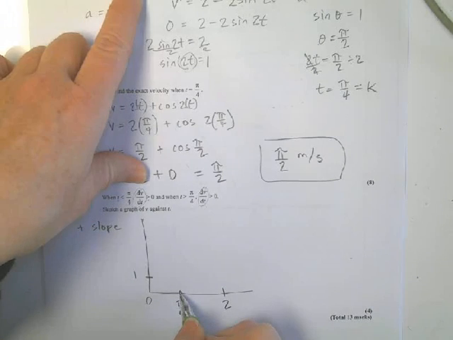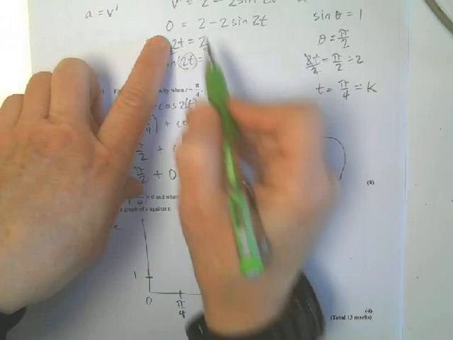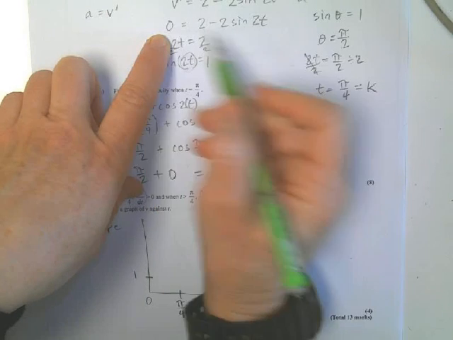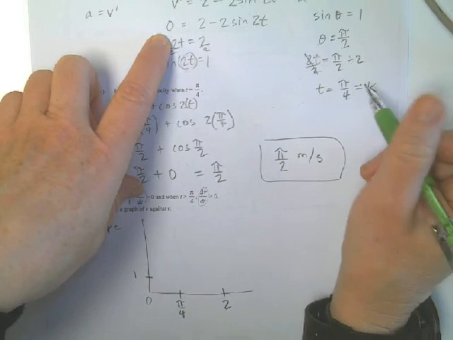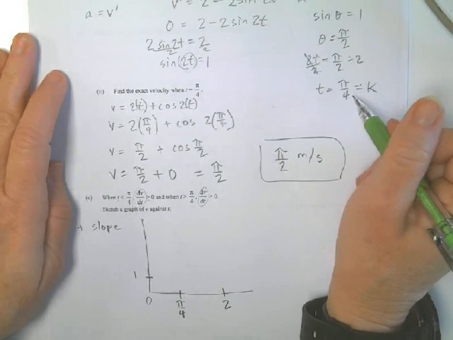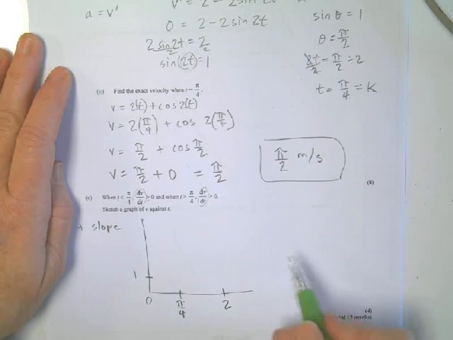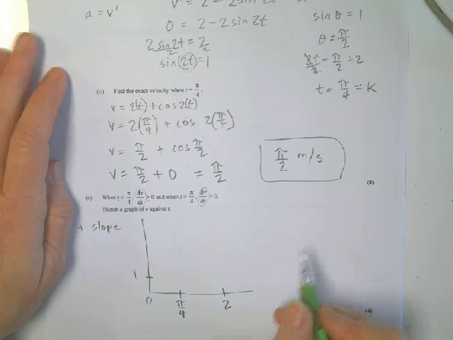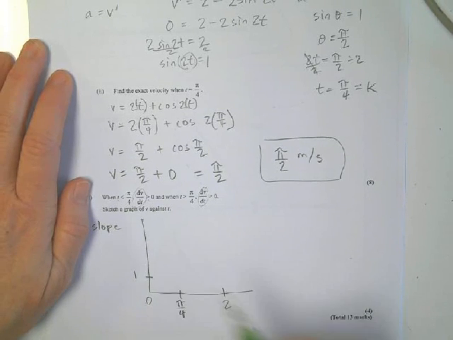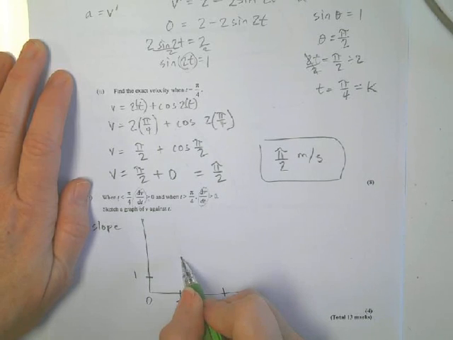So I have positive slope and a positive slope, but I know that the acceleration, the second derivative, is equal to 0 at pi over 4. So that means pi over 4 is a point of inflection. And usually that means we're changing direction, but no, it means we're still changing concavity. So we're going to be changing concavity at pi over 4.